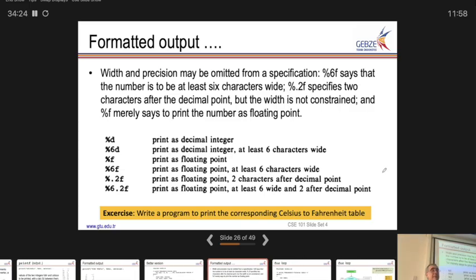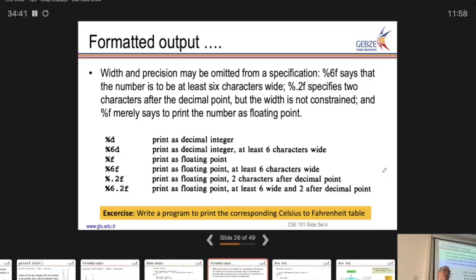Percent d, decimal integer, percent number d, width is defined. Percent f, floating point, percent number f, how wide it is. Percent .2f, 2 characters after the decimal point.